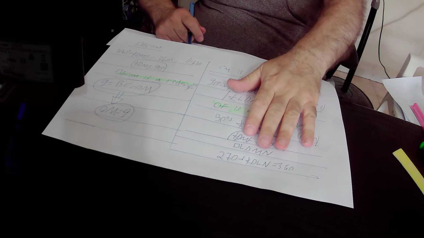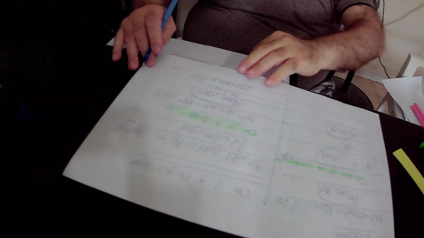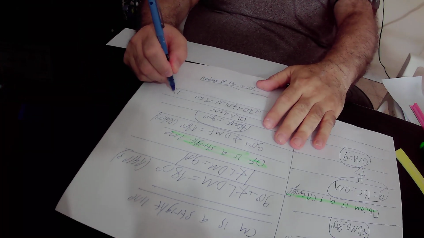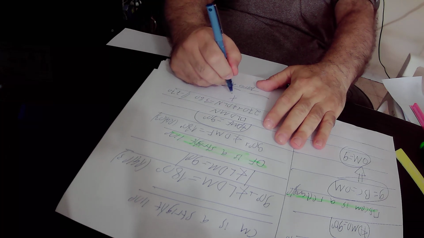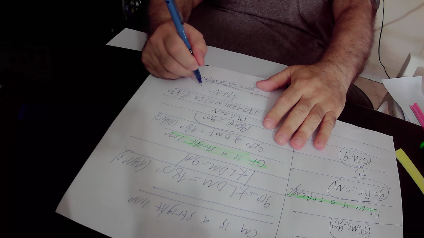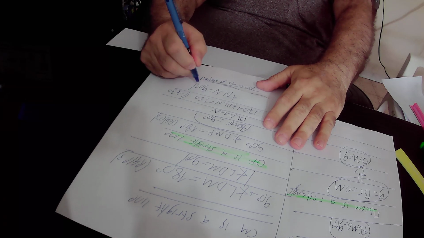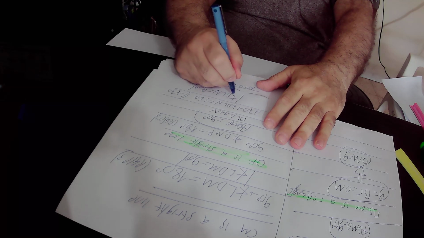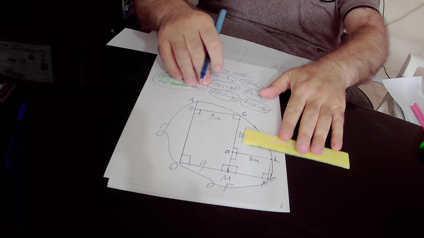Okay, so here we subtract 270 degrees from this equation, and we get that the missing angle, angle DLN, is equal to 360 degrees minus 270 degrees, it is equal to 90 degrees, so it is a right angle. This angle is a right angle, it is equal to 90 degrees.